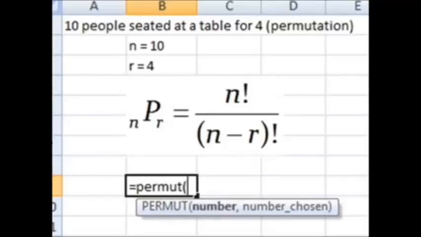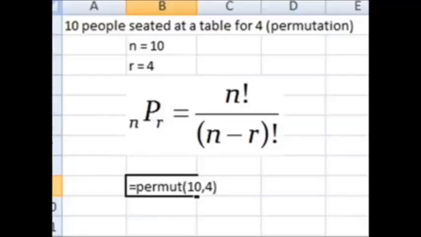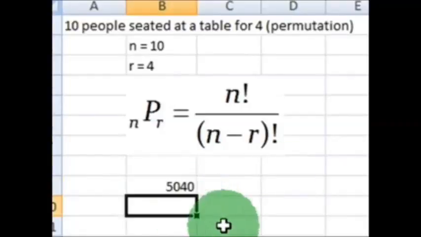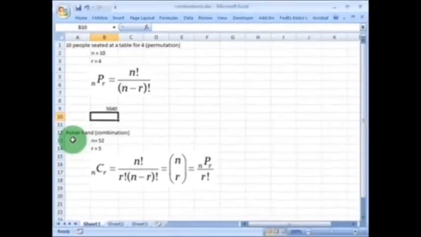I take the number, in that case that's n, how many total objects? Well, in this case we have 10 people. Those are the objects. And we want to sit 4 at a time at the table, so comma 4. That's the permutation formula right there, very simple. We get 5040.